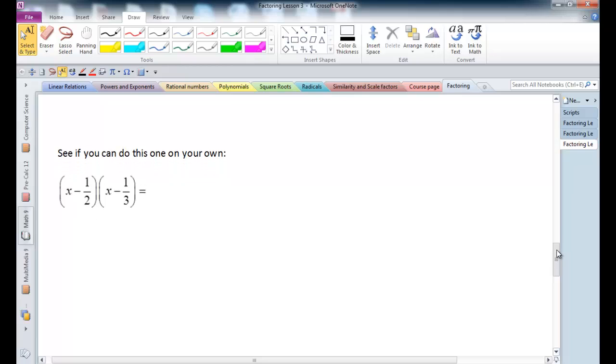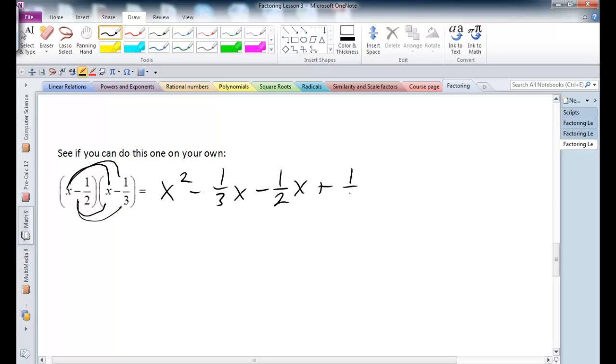See if you can do this one on your own for a minute. You can pause the video and then I'll do it. This time it's a little bit harder, so let's distribute it out. We get x squared minus 1/3 x minus 1/2 x plus 1/6.